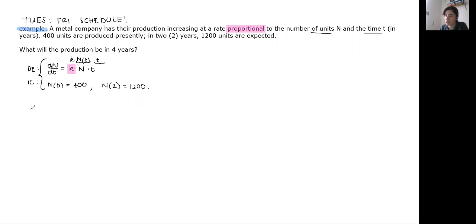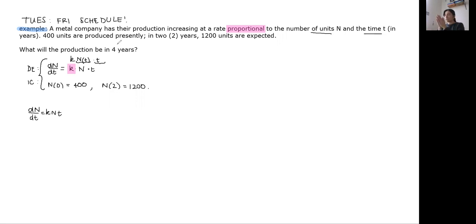So I'm going to write it down over here. dN/dt is equal to k times N times t. And I'm trying to solve this as a function N in terms of t, right?